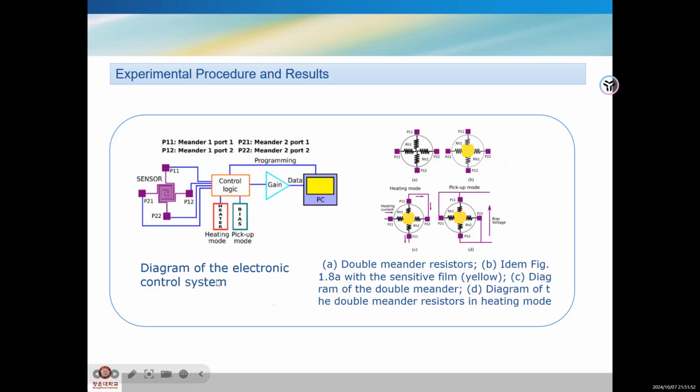This is a diagram of the electronic control system. And the right image is the double Meander resistors in Fig 1.8a with sensitive film, and a diagram of the double Meander resistors in heating mode.